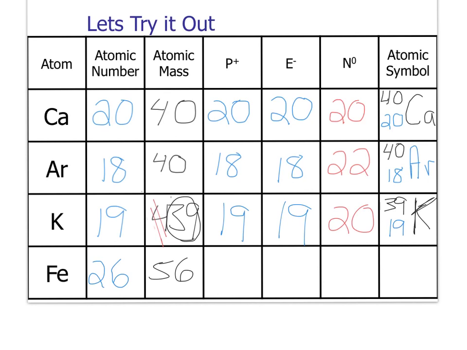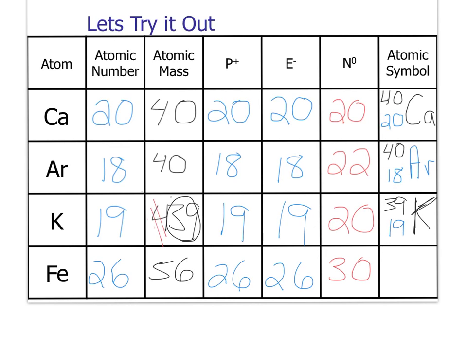The number of protons still equals the atomic number, so 26. Since we're dealing with a neutral atom, the number of electrons is also supposed to be 26. And the number of neutrons, well, that's going to be, again, my atomic mass minus my number of protons, which in this case will equal 30.